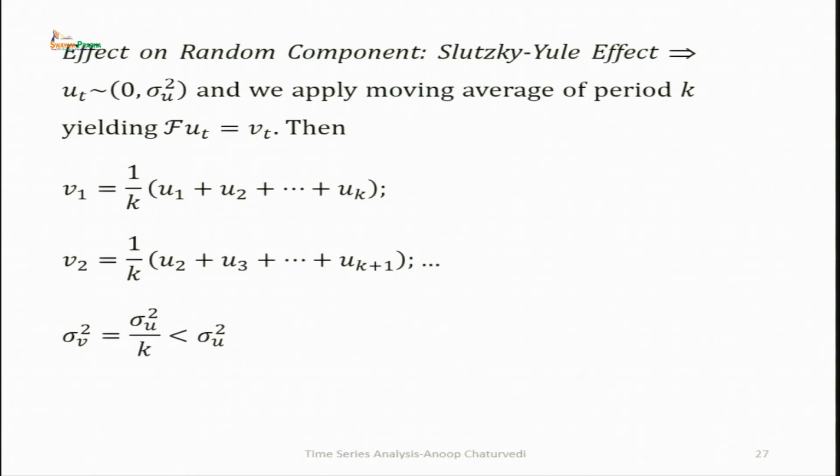Sigma squared V: since V1 is the average of k terms, its variance is equal to 1 upon k into the variance of u.